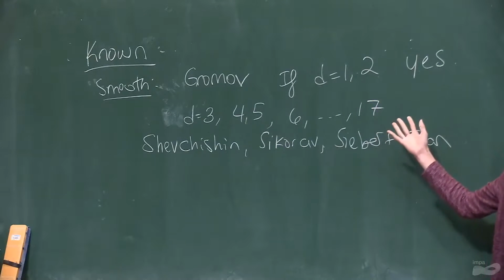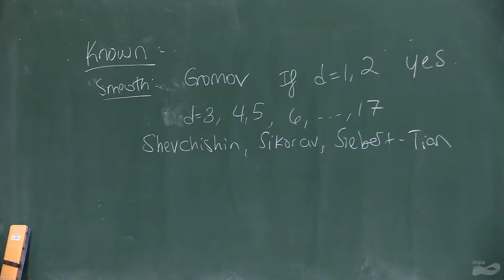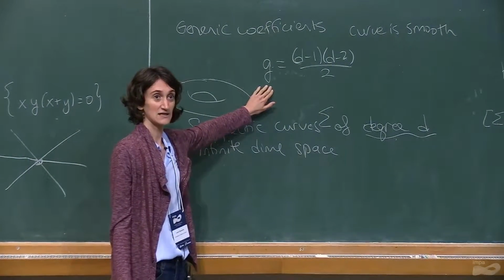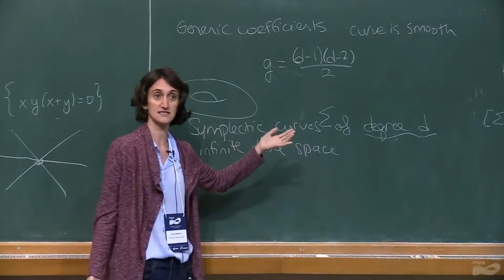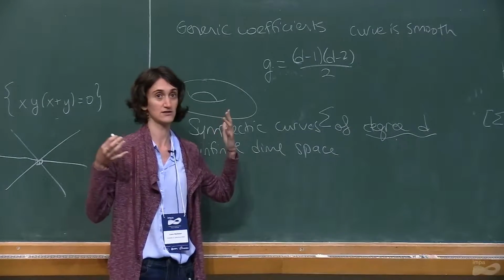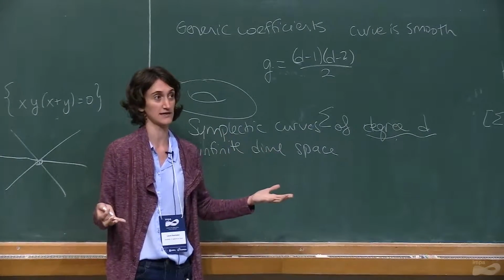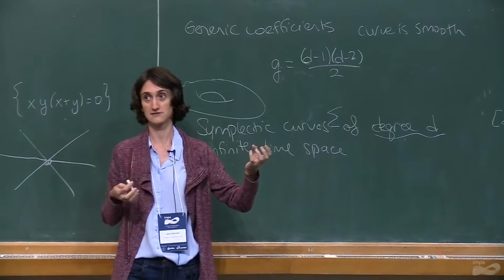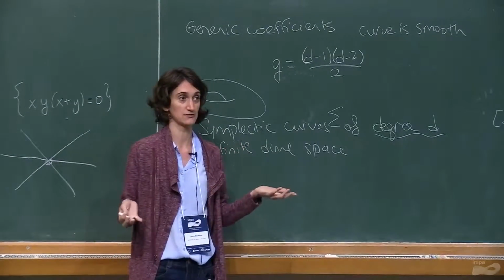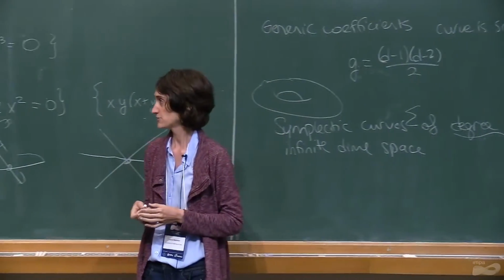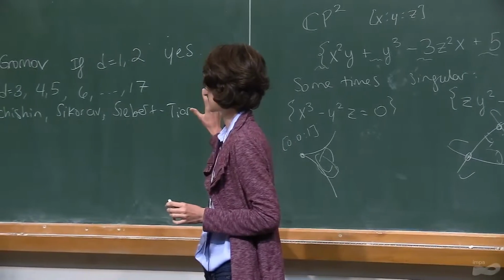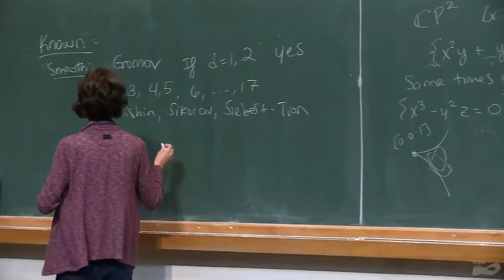And if you're in degree 17 or higher, your genus is pretty big. When you get to larger and larger genus pseudo-holomorphic curves, the theory gets more and more complicated, in terms of what kinds of degenerations can occur and how to rule out those degenerations. So the smooth theory gets hard because of high genus.